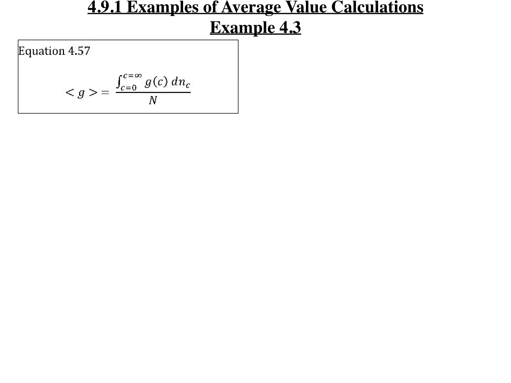The next example, 4.3, simply illustrates how to use the distribution functions. The distribution function, which towards the end of this module you will learn, is g average, that is your function, equals the integral from c0 to c infinity of g(c) dn(c) over n.